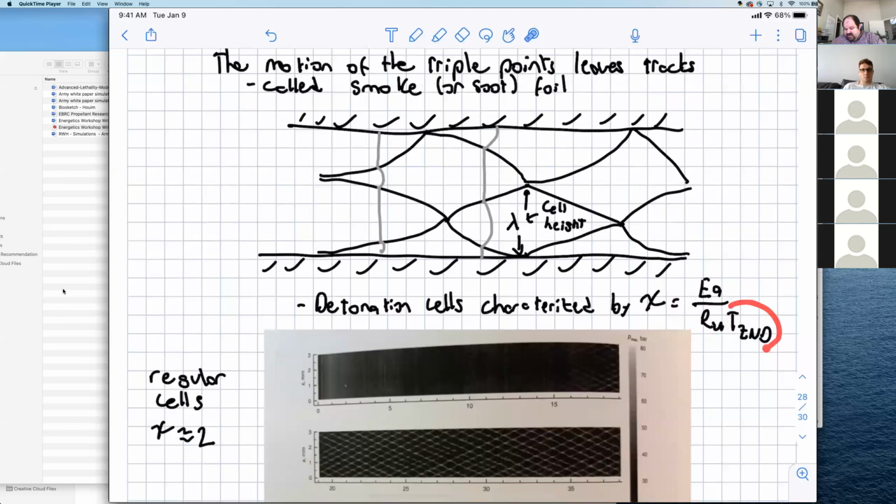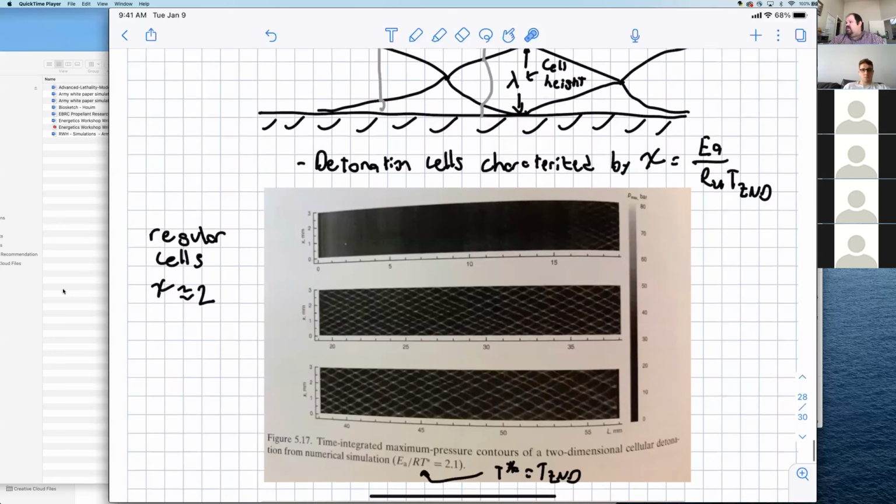And so for explosives, the chi parameter is small. For whatever reason, it's small. And so from a mathematical point of view, that's part of why high explosives do not produce these cells.